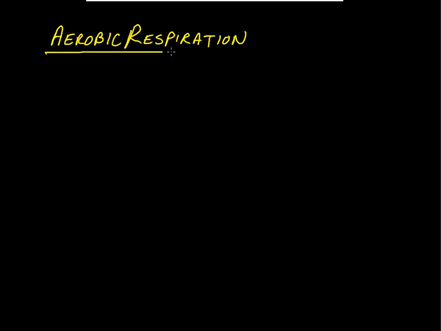The word aerobic just means air, and basically what this means literally is that it requires oxygen. Okay? The reason we have lungs is to get oxygen out of the air so that the mitochondria in our cells can respire. And so we use aerobic respiration. Plants also use aerobic respiration, which just means O2 must be present for it to be completed.